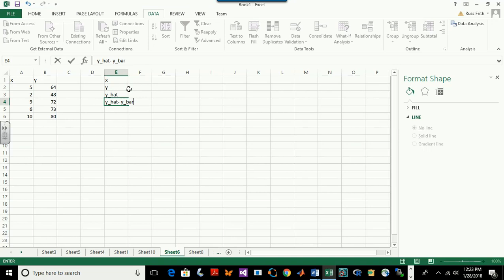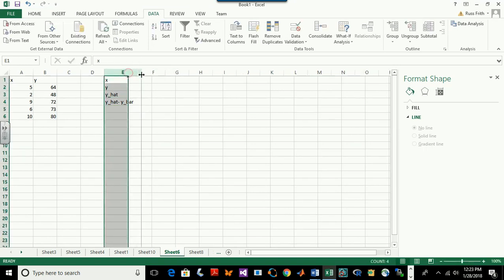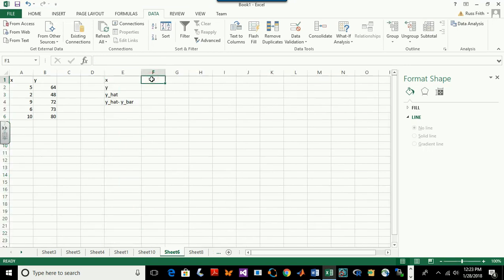All right, so let's build this table. So our x values are 5, 2, 9, 6, and 10. Okay, and then we have y values 80, 73, 72, 48, and 64. Okay, so what is y hat?